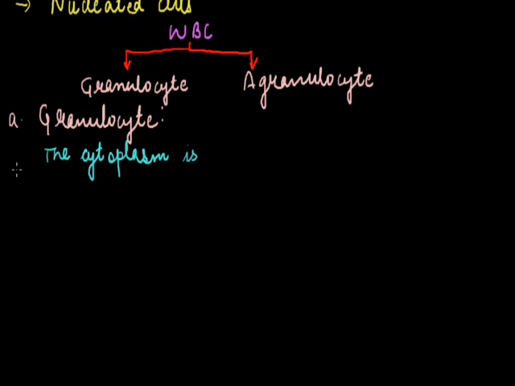Granulocyte WBC, the cytoplasm is with granules. The cytoplasm shows the presence of granules, and due to this presence of granules, they are regarded as granulocyte WBC.